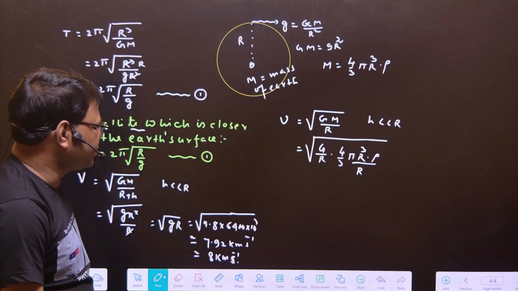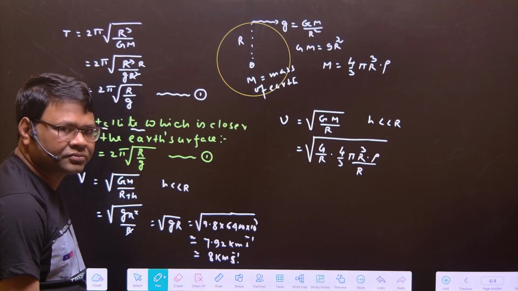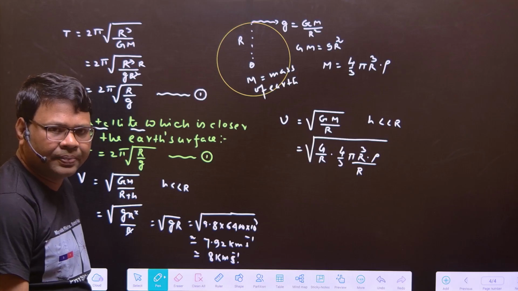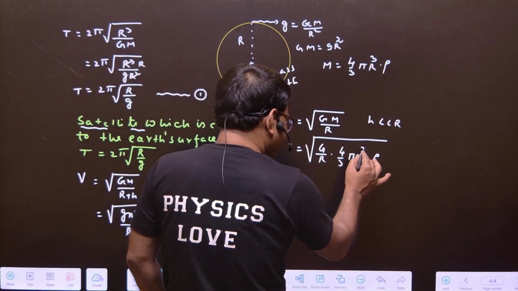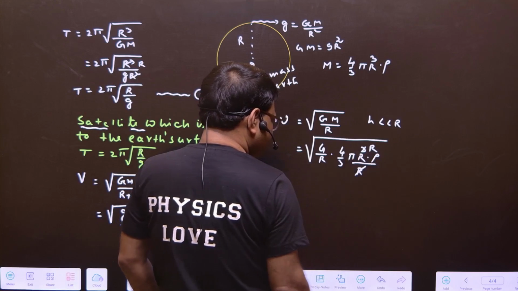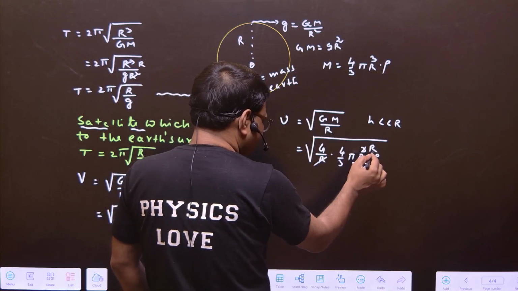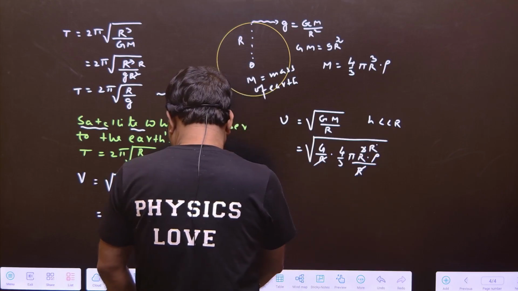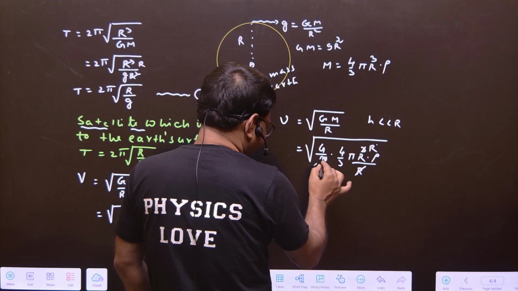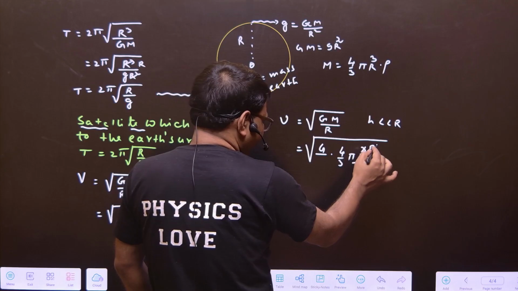Any problem to understand? Up to this clear? Then one r will be cancelled, and here also r will be cancelled. Only one r will remain. Extremely sorry, it will be r square.